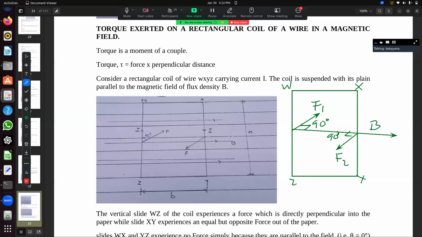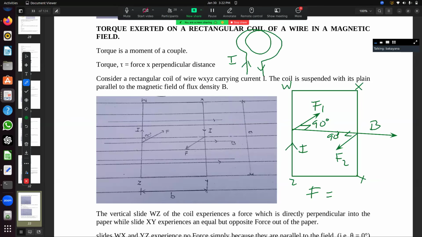You know that a force is exerted on this rectangular frame of wire. It remains a current carrying conductor. It is a frame of wire, but it carries current I. Remember I told you that in a coil, you can have whichever number of turns, but they carry current in and out.